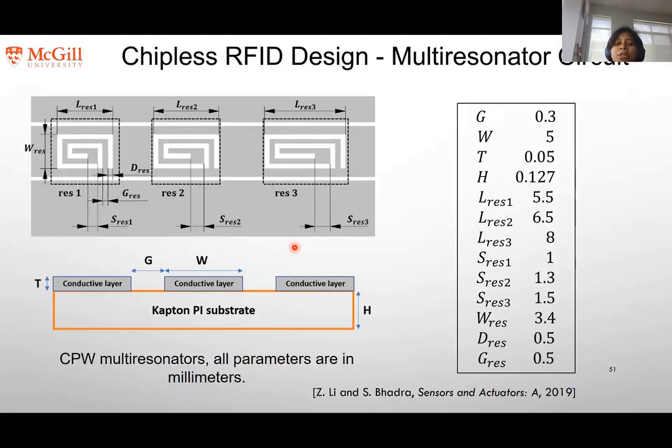So then we decided to change our circuit topology. Instead of resonators coupled to a microstrip line, we went for coplanar waveguide multi-resonators. We basically have a coplanar waveguide with the multi-resonators embedded in it.